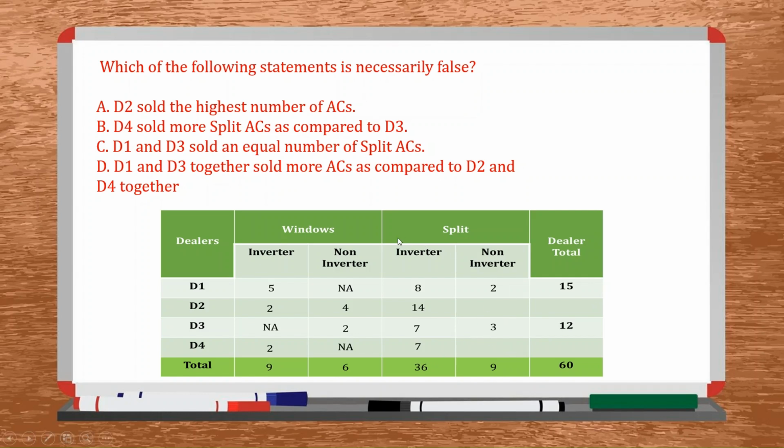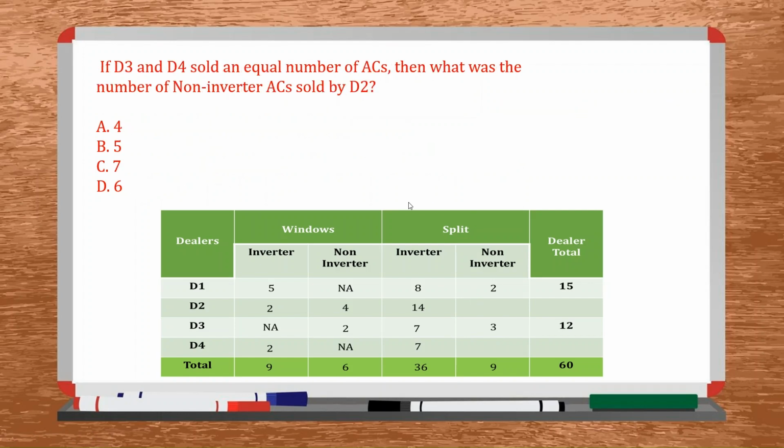Then, D1 and D3 sold an equal number of split ACs, which is a necessarily true statement, 10 each. And lastly, D1 and D3 together sold more ACs as compared to D2 and D4, which is necessarily false, because we just saw that D1 and D3 have sold less than D2 and D4. So the answer is option D.